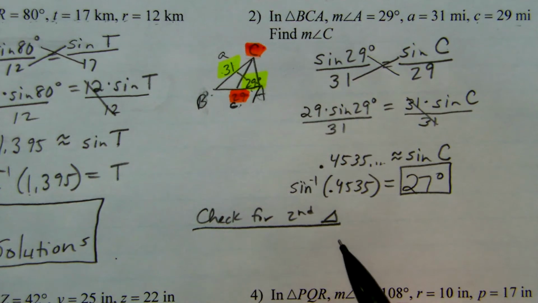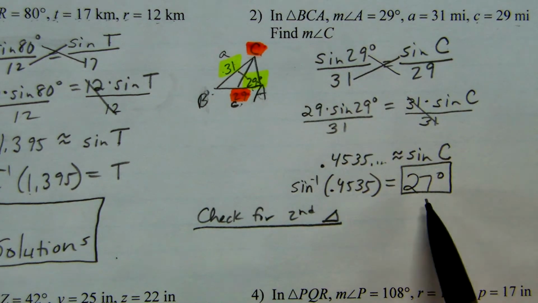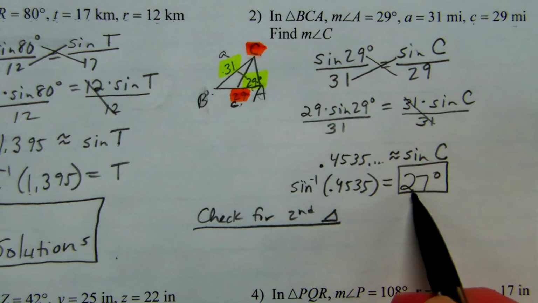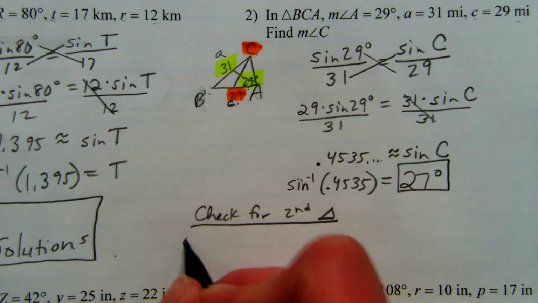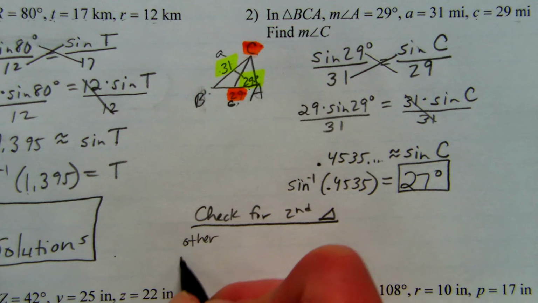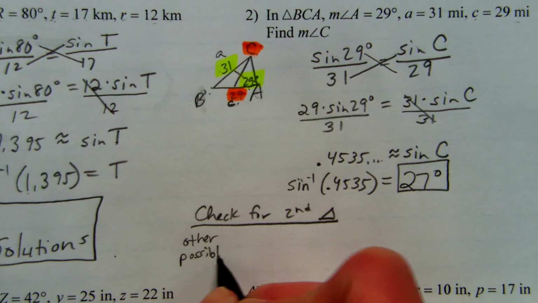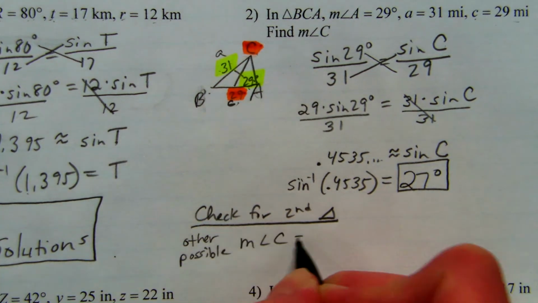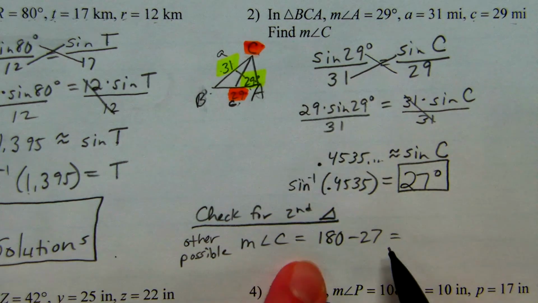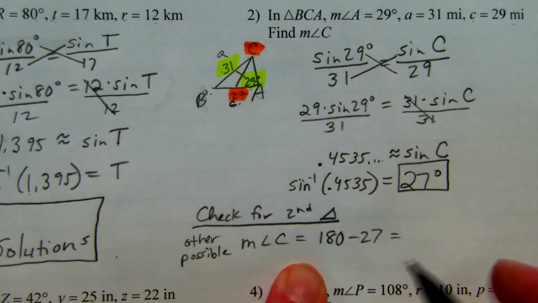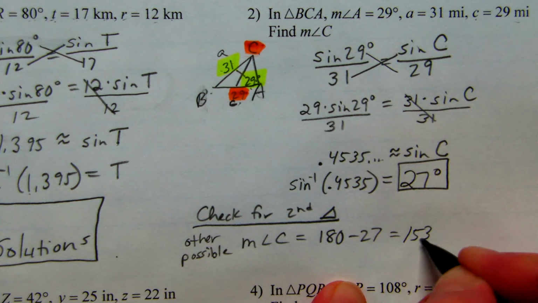And what you do is, if there is a second triangle, this angle would be a supplement to that angle. So the other possible measure of angle C is going to be 180 minus 27, which gives us 153 degrees.